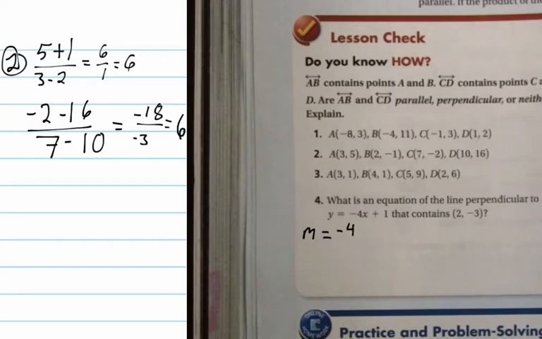So what does its perpendicular slope have to be? The perpendicular line, what would its slope be? It would be a positive 1 over 4. Good. So I'm going to take that perpendicular slope, along with that point 2, negative 3, and write an equation for that line.